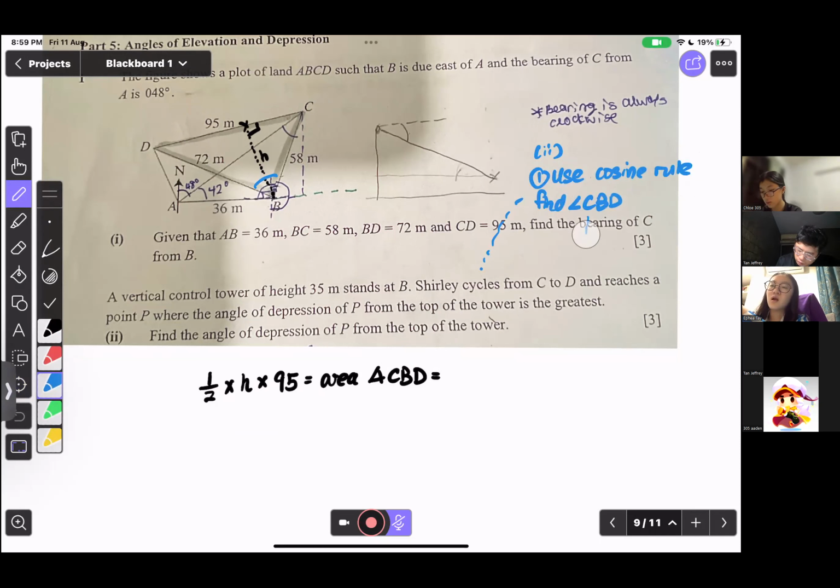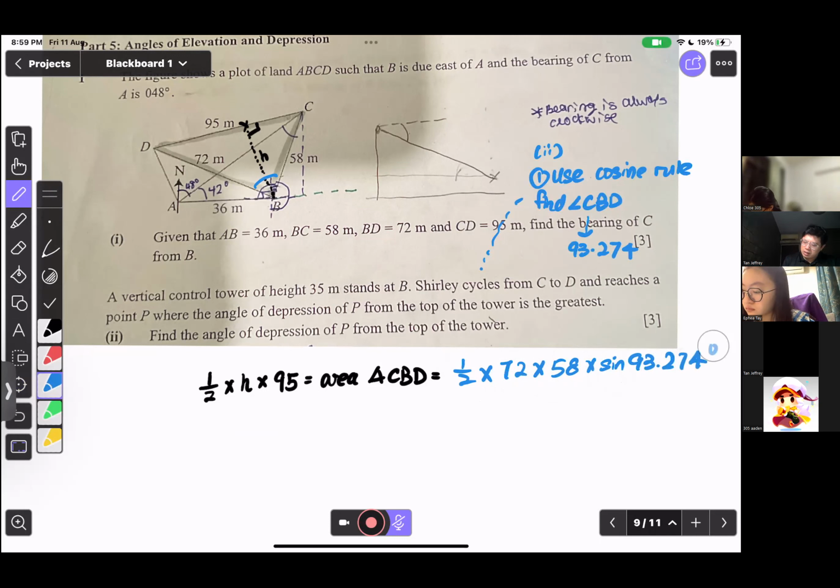So you will get CBD to be equal to 93.274. Okay, so this area of CBD is the same as half times 72 times 58 times sine of 93.274 degrees.